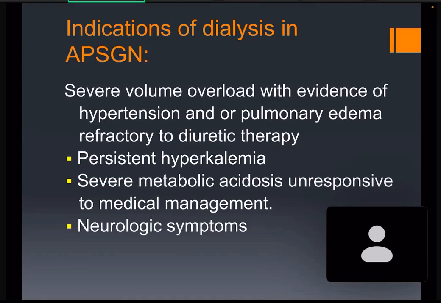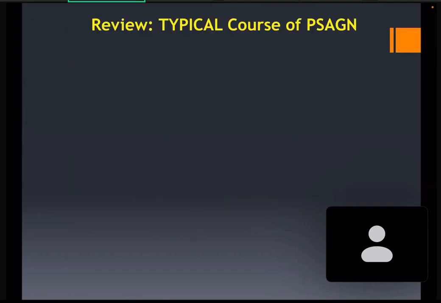If there is severe volume overload with evidence of hypertension and pulmonary edema, refractory to medications like diuretic therapy; persistent or refractory hyperkalemia; severe metabolic acidosis that is unresponsive to medical management; and if there are already neurologic manifestations like seizure, hallucinations, other neurologic symptoms, or decreased level of sensorium.